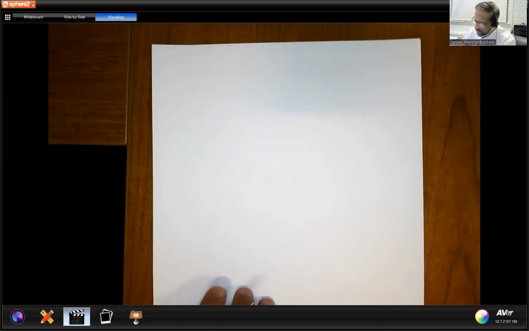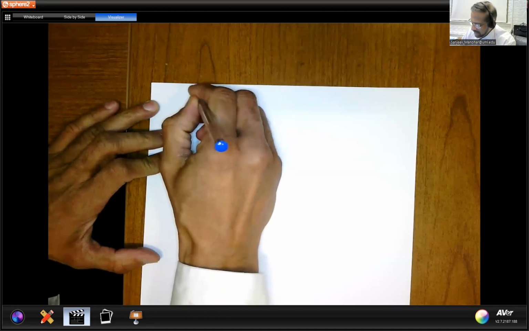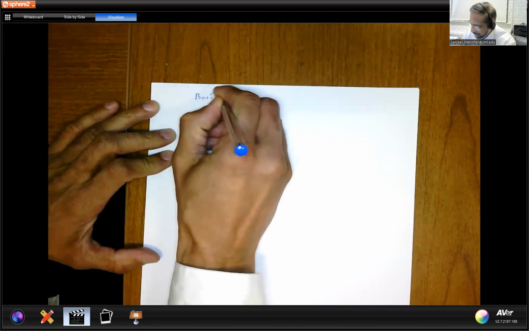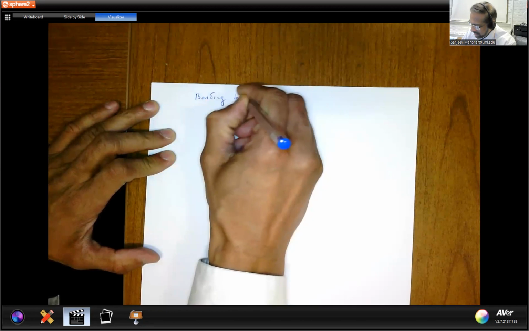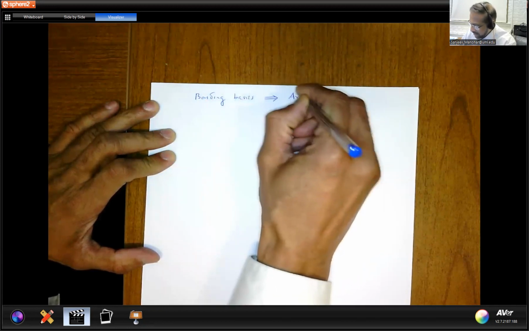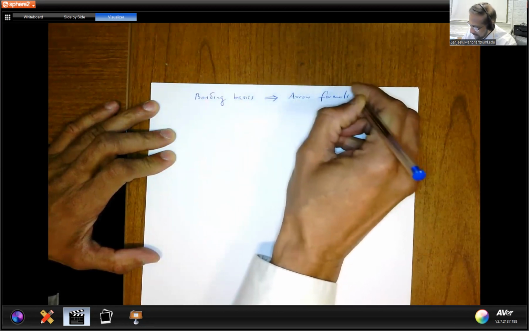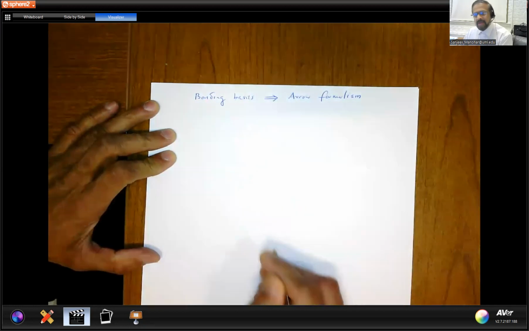So, all right, what we want is bonding basics all the way to arrow formalism.